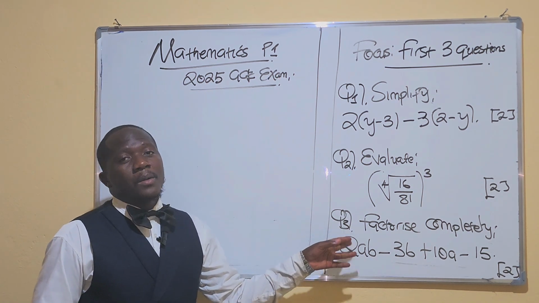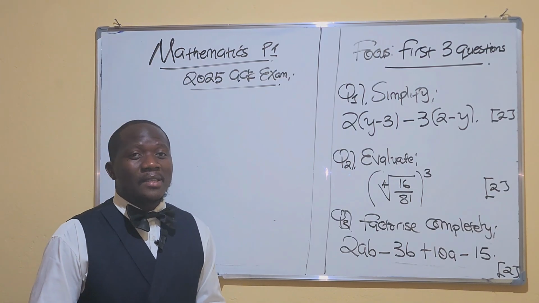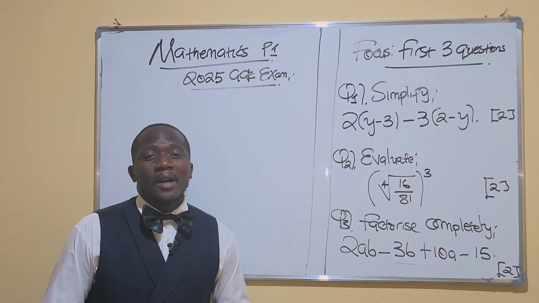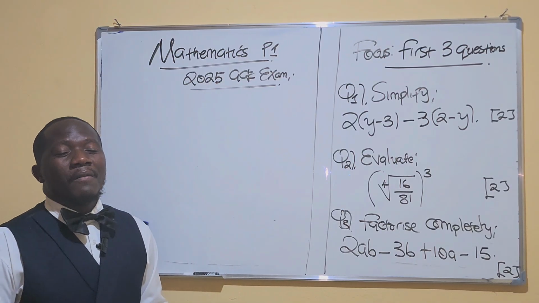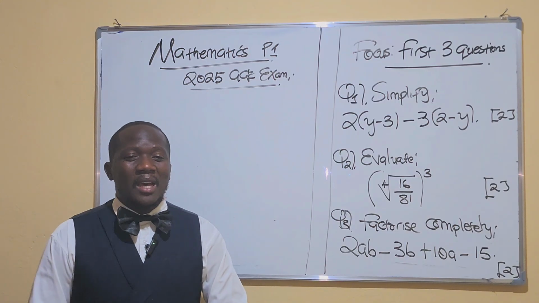Then thirdly, we're also talking about the same algebra, except we're talking about how to factorize completely. And in this tutorial, we're only going to focus on the first 3 questions of the 2025 GCE exam that was written a month ago.